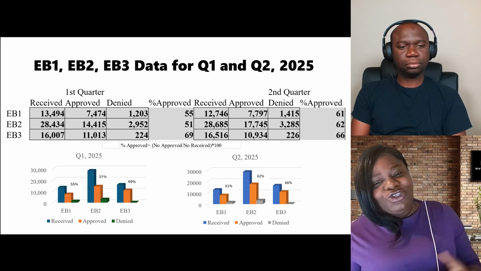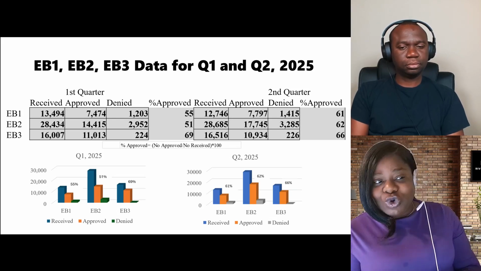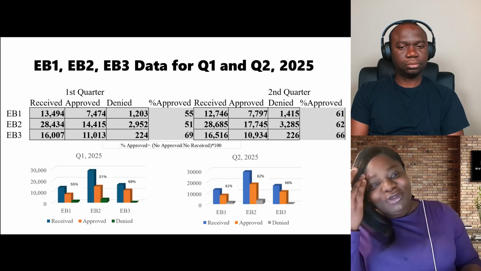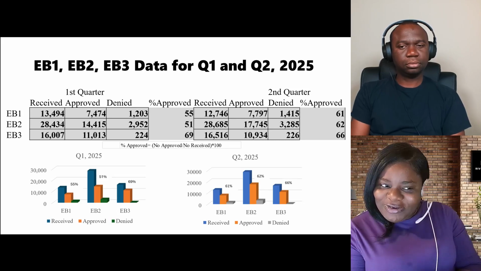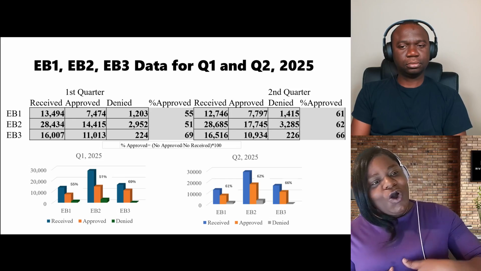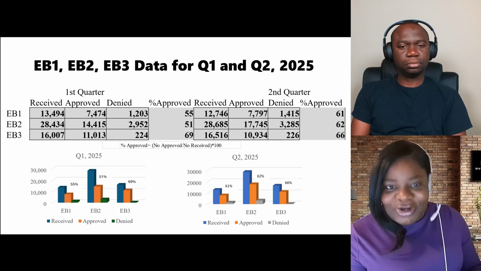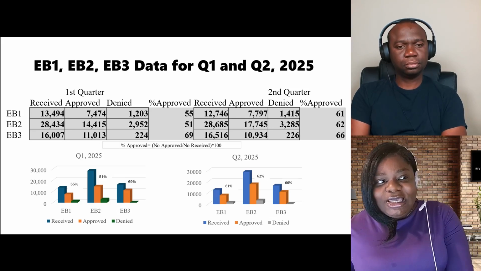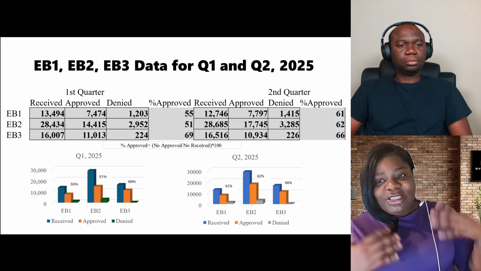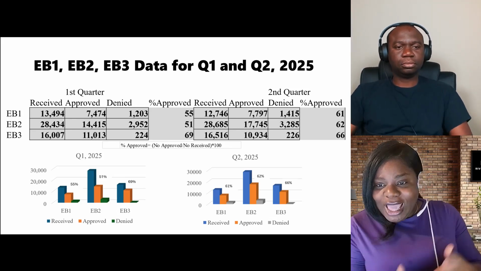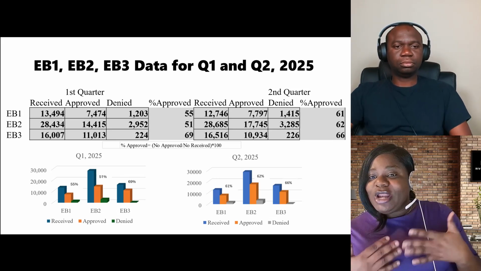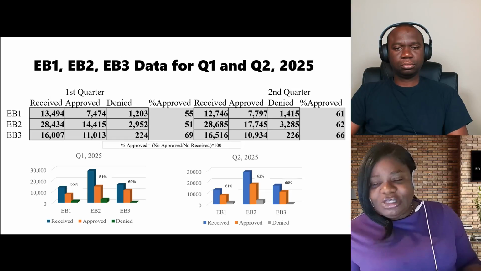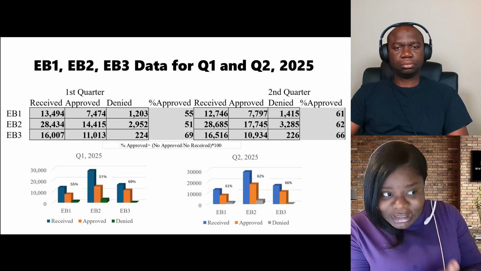All right, so how do you interpret this data? For those that really love figures, I've put the table, and for those that love graphics, I've put the graph as well. So on my left is first quarter, on my right is second quarter. You see EB1, for those of us that apply through EB1A, you know that EB1A is within whatever trend you observe with EB1 itself.